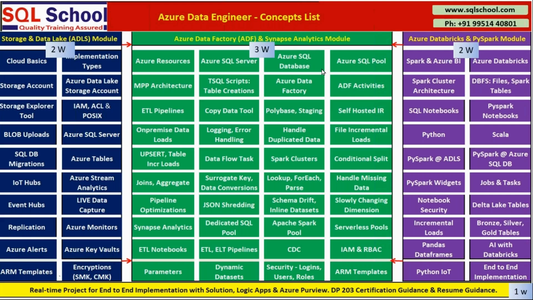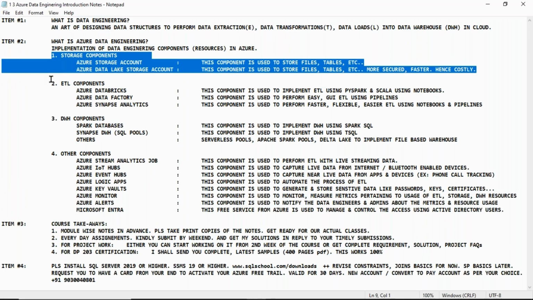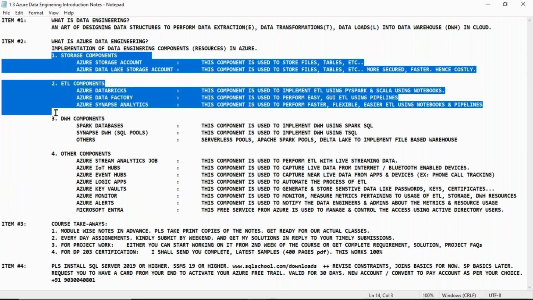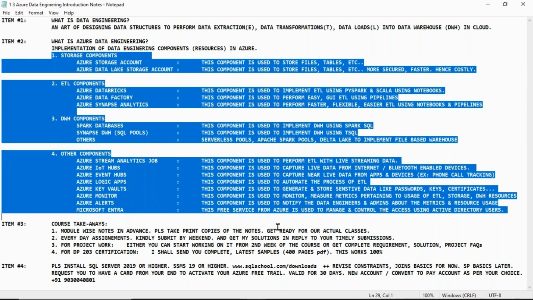Next, I request you to take a look at the components we are going to learn in our classes. As a data engineer, which is actually the art of ETL and data warehousing, we are going to implement storage components, ETL components, data warehouse components, and other components.